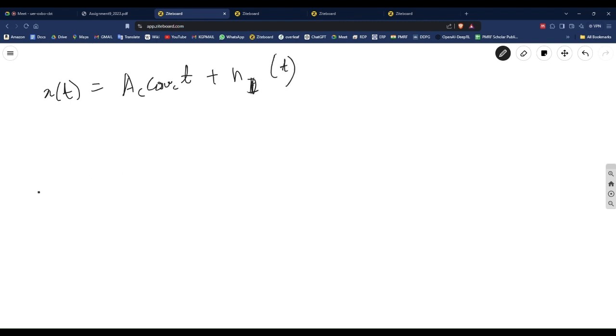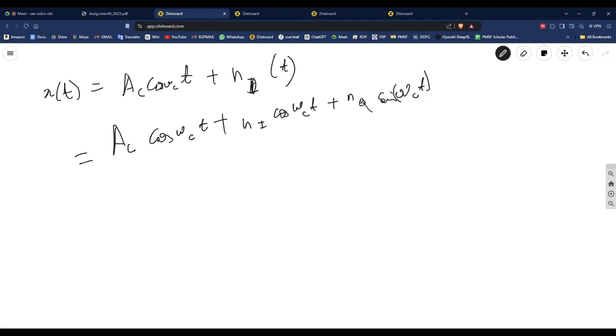Now we can break the noise into quadrature and in-phase components, so I and Q components.